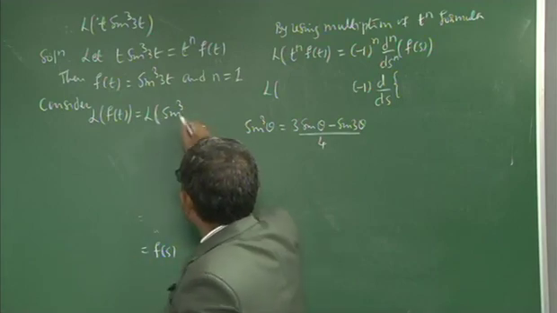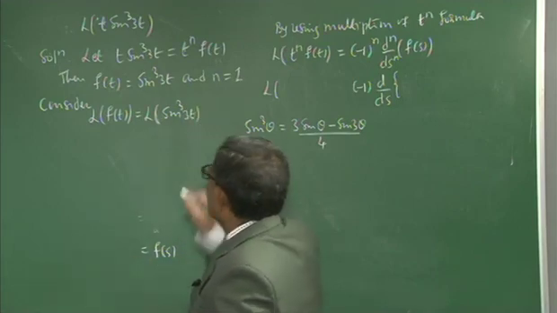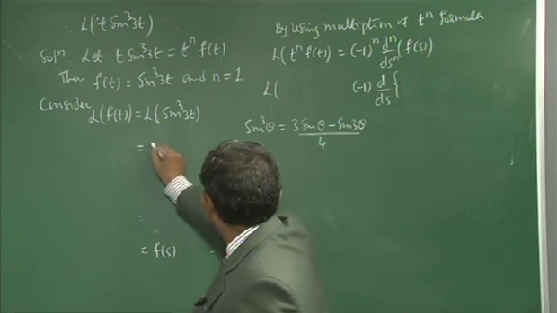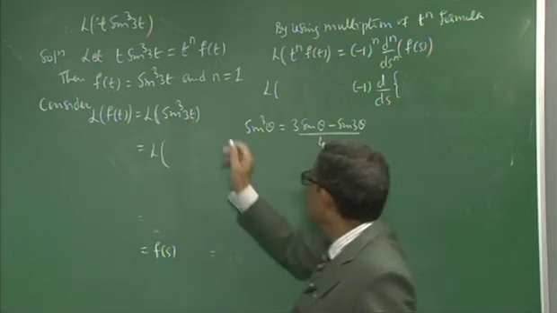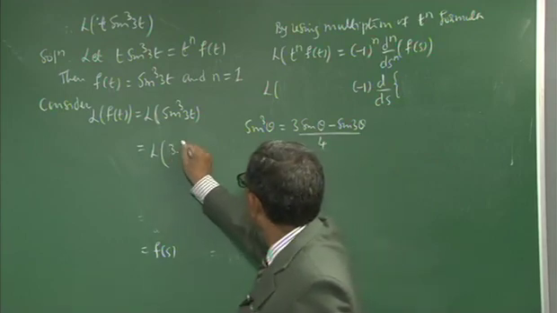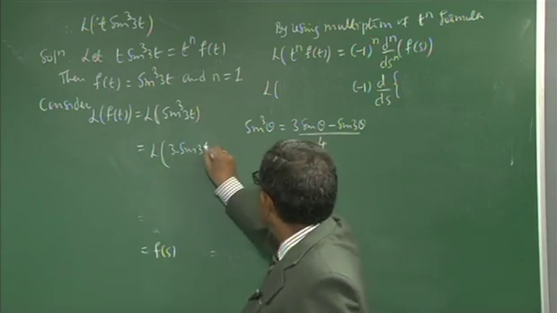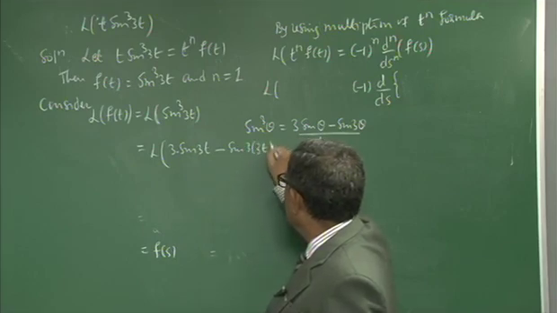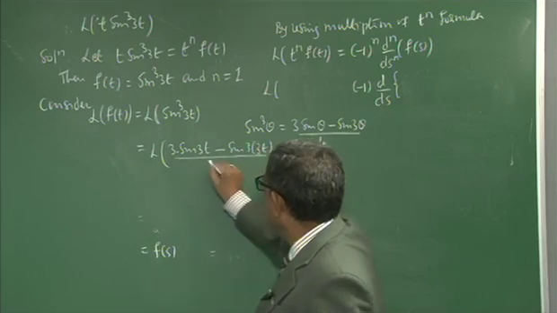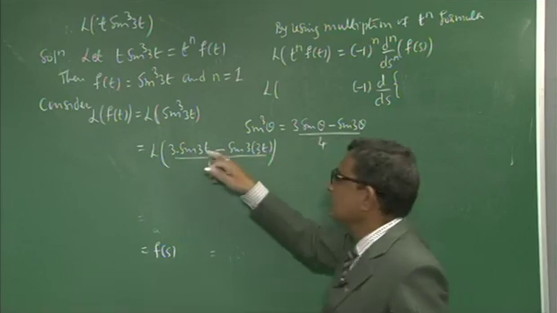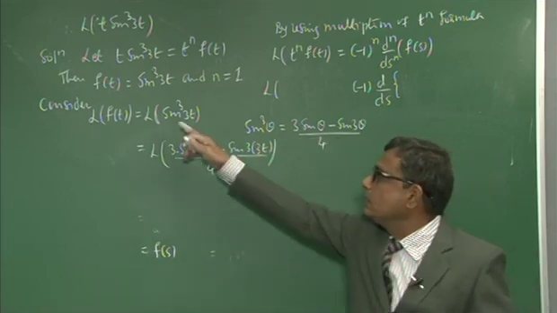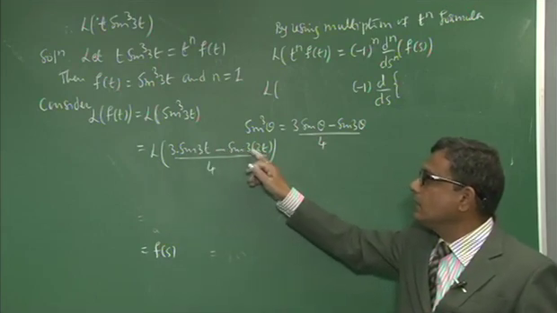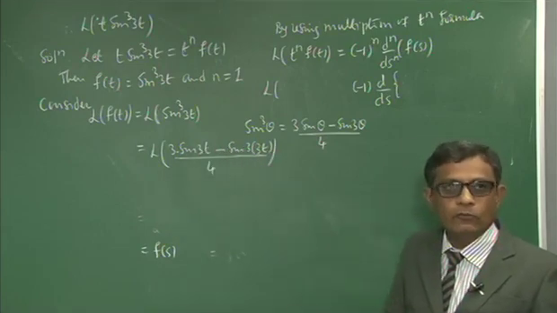Yes, theta is, what is theta here? Sine cube 3t. Now what is theta here? Theta is 3t, so 3 into sine 3t minus sine 3 into 3t, whole divided by 4. This is by using sine cube theta, 3 sin theta minus sin 3 theta divided by 4.